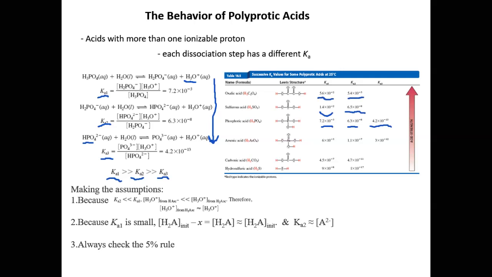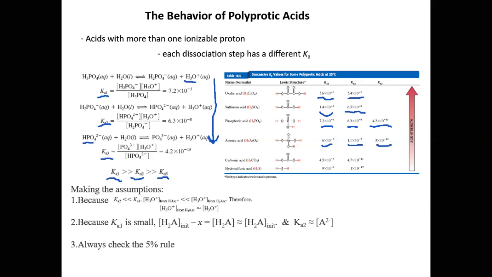So that third proton only comes off in very basic conditions. Arsenic acid: 10 to the negative 3, 10 to the negative 7, 10 to the negative 12. So what this is showing you is that as you start removing protons, they become harder and harder to remove, which is noted by the lower Ka value.